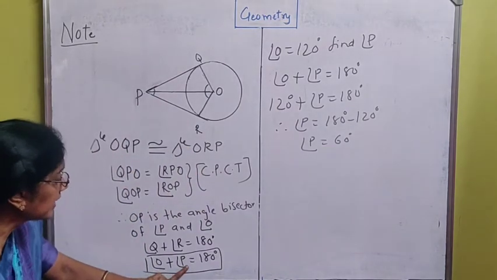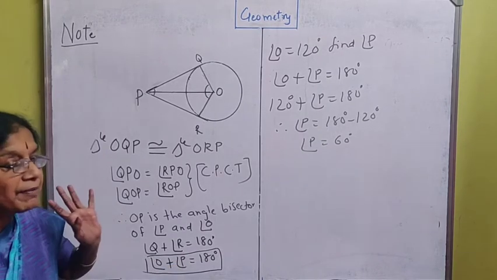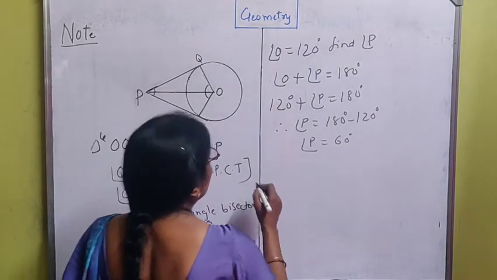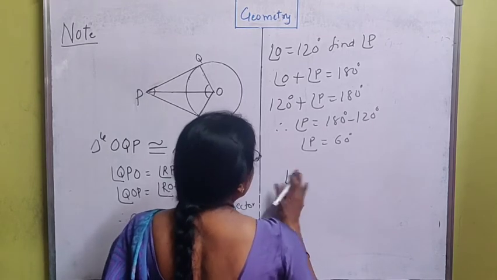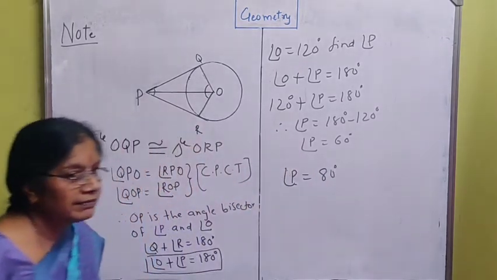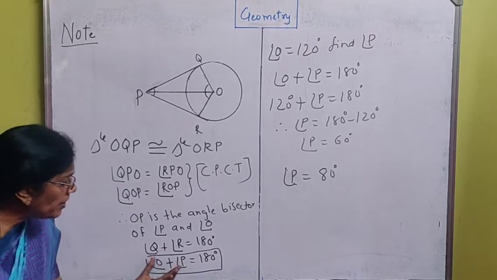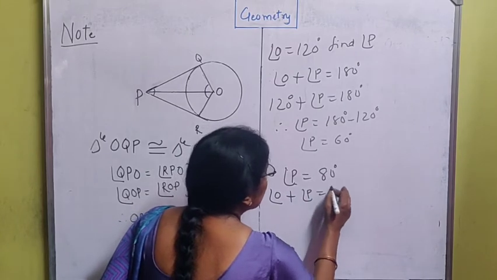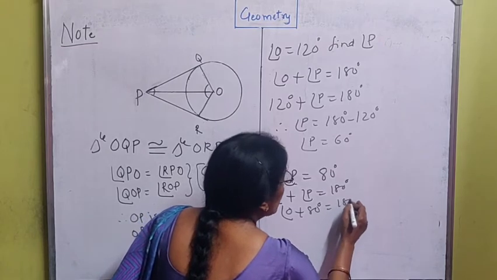Similarly, if angle P is given, subtract its value from 180 and you will get angle O. Let us take angle P as 80 degrees. How will you find angle O? Angle O plus angle P is equal to 180 degrees, so angle O plus 80 degrees is equal to 180 degrees.